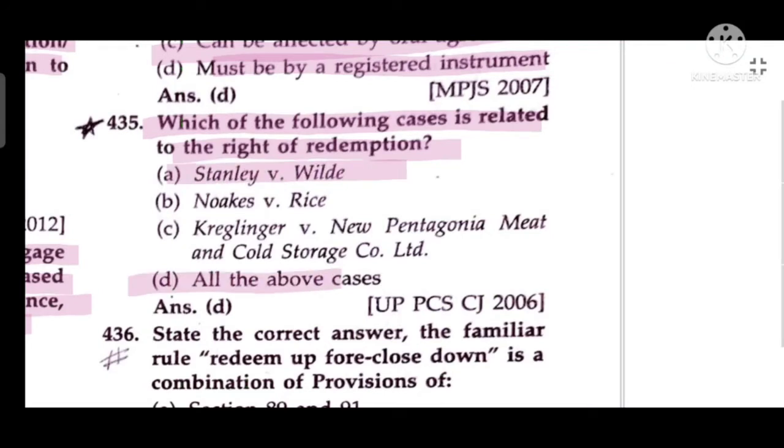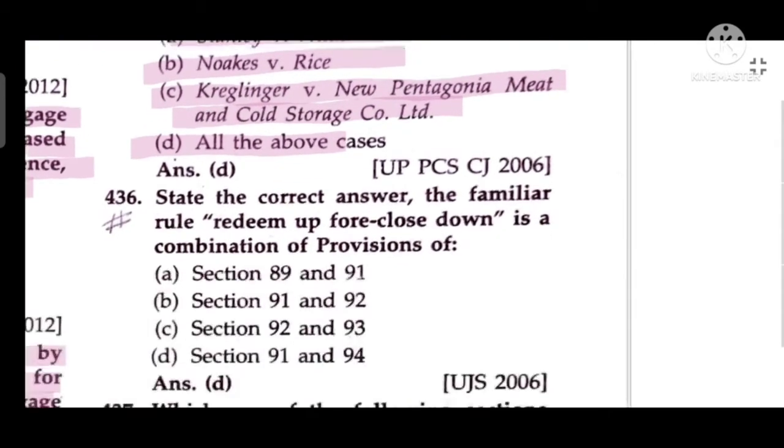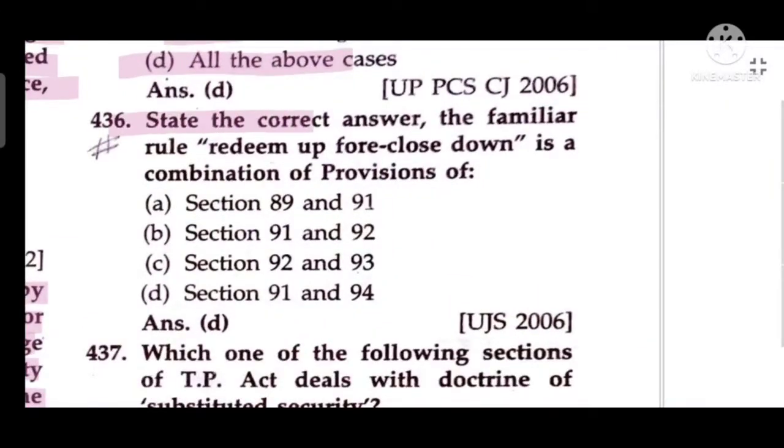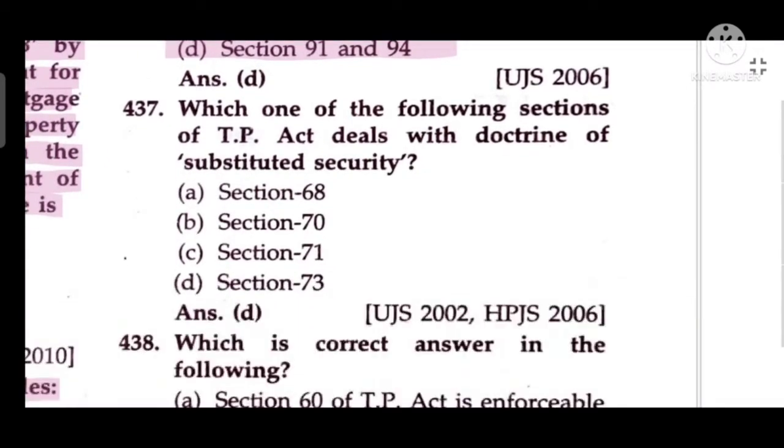All of them: Stanley versus White, Nokosh versus Rice, Killigrew versus New Patagonia Meat and Cold Storage Company Limited. State the correct answer and the familiar rule. Redemption of foreclosure decree is a combination of the provisions of Section 91 and 94.